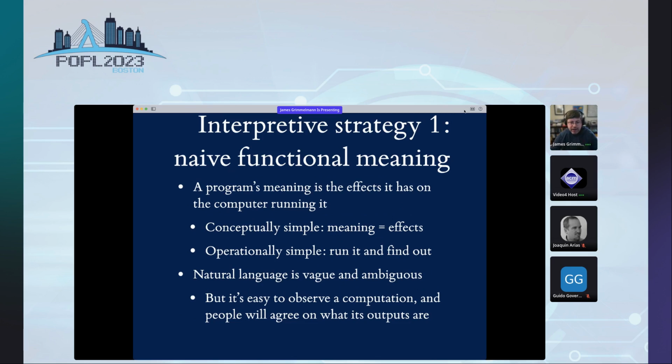You just run it. You observe the results of the execution, and that is the semantics of it for all legal purposes. And this leads to a really interesting comparison because natural language is notoriously vague and ambiguous.